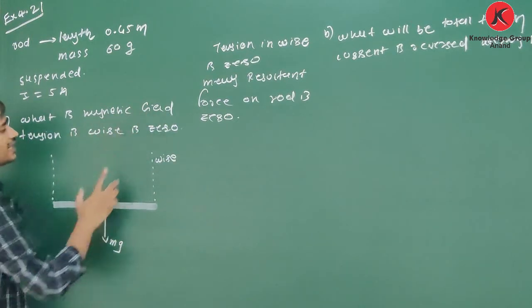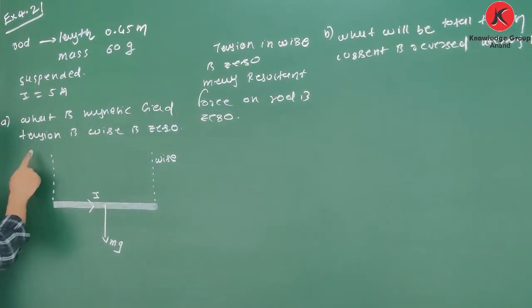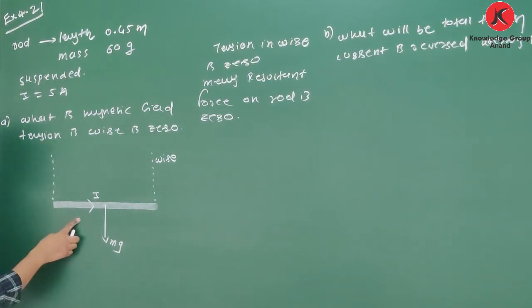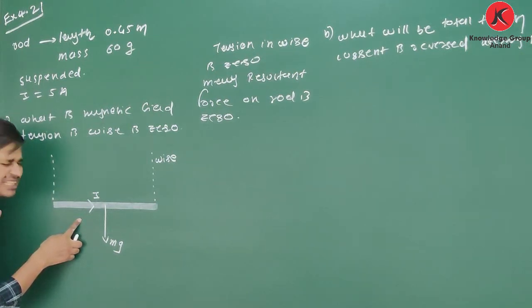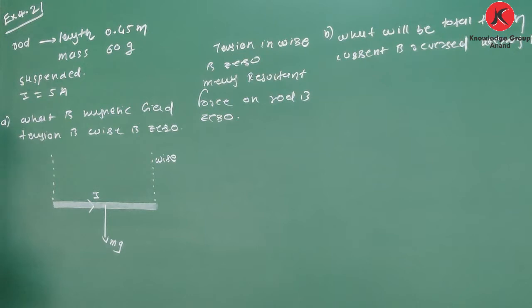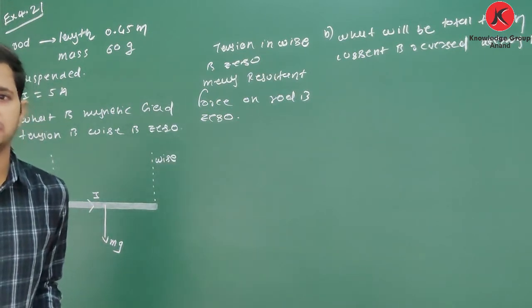What is the magnetic field such that tension in the wire is 0? It is a current carrying wire. On the current carrying wire, due to the magnetic field, force must be acting in upward direction. Yes or no?